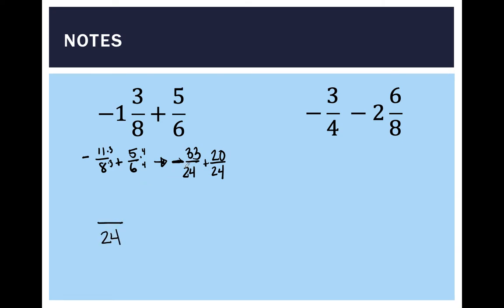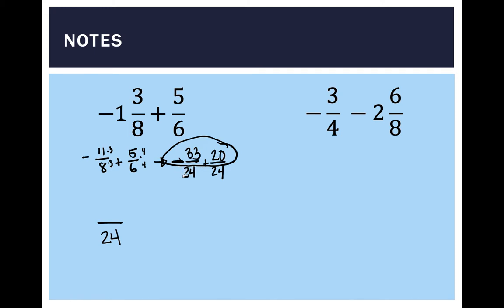That does not change. The numerator is what we're looking at. So all we really need to solve is this problem right here, negative 33 plus 20. So once you find the common denominator, write it down, forget about it, and just look at the numerators as if you were solving a problem with integers.